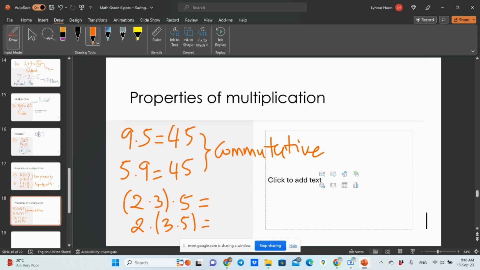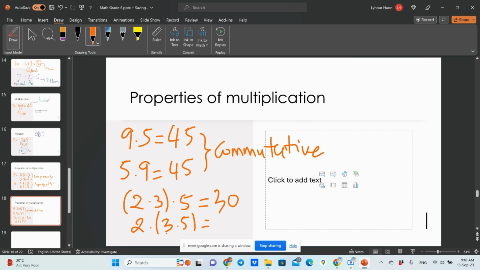So this means 2 times 3 first, and then the whole thing will be multiplied by 5. It won't necessarily change the result. It will just change the order in which we do it. So if we change the order, it still gives the same result. 2 times 3 is 6. 6 times 5 is 30.